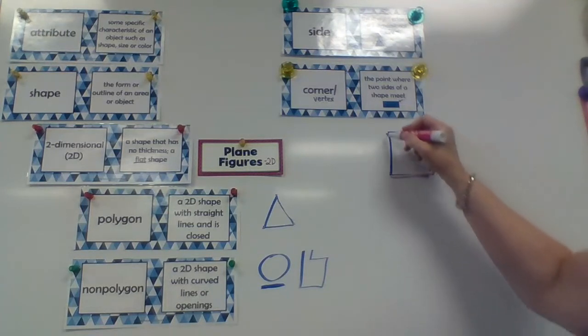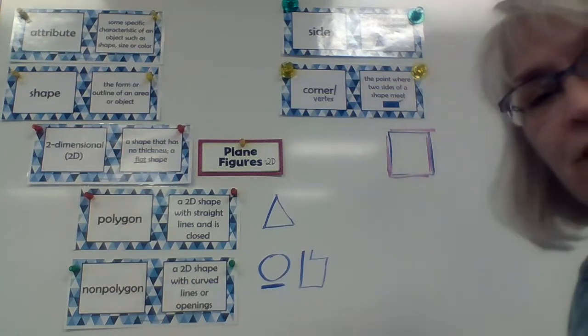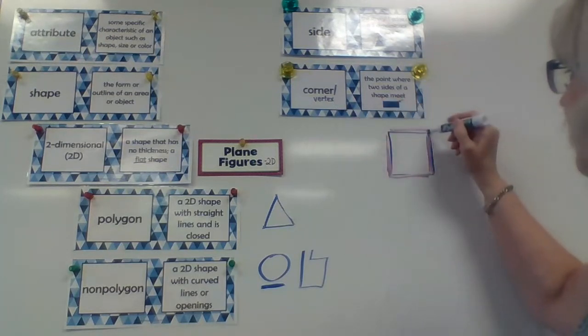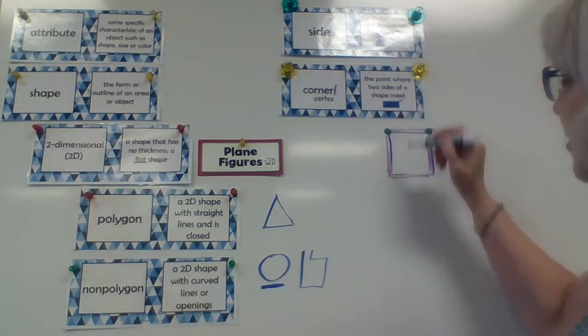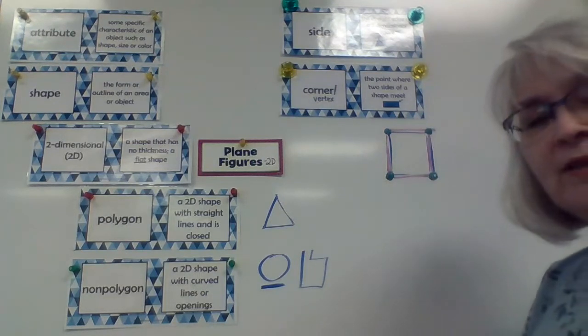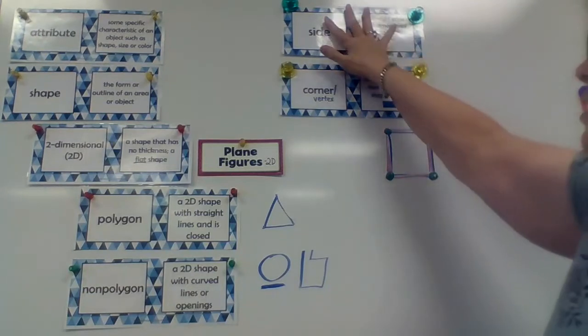Sides are easy. The straight sides, and these are the corners or the vertices. Vertex is singular, vertices is plural, where the two sides come together anywhere where they come together at a point, that's called a corner.